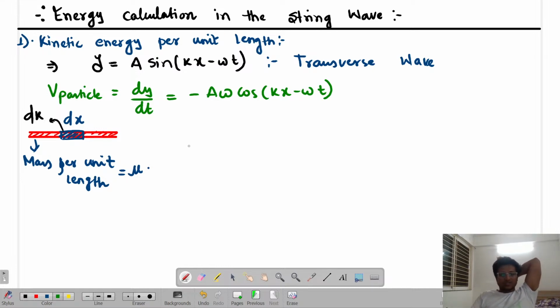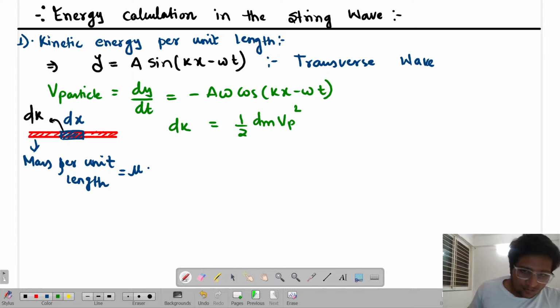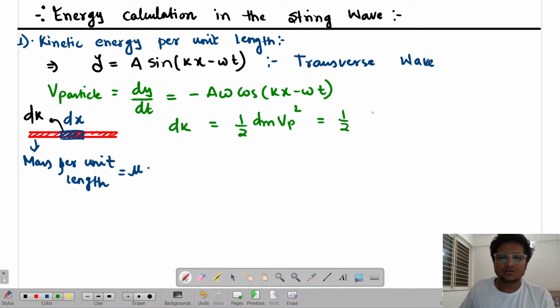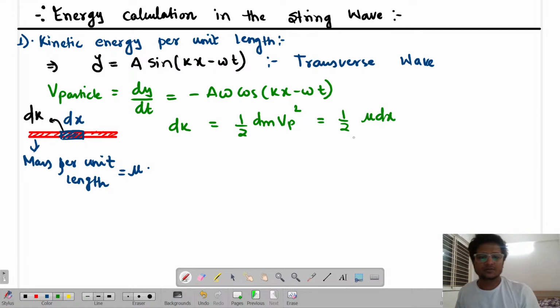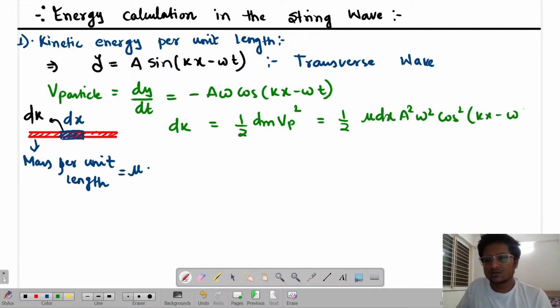So the point is simple: dK will be half the small mass of this region into the square of its velocity. dK will be half, dm is μ into length, and the length is dx, and the velocity of the particle squared will be A² ω² cos²(kx − ωt). Are you able to get me?